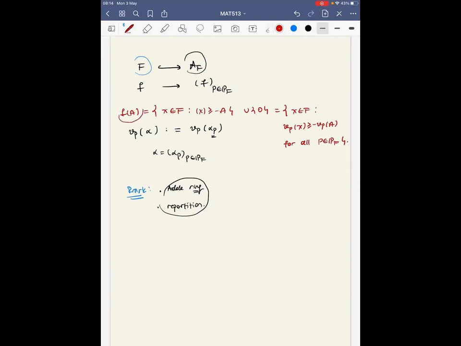And indeed, we can generalize this notion into the adele space with respect to a fixed divisor A, and that contains the adeles such that their valuations are bigger than or equal to Vp of A for all places in the function field F. So that means at each component, if we take the valuations of the functions, they are going to behave like the functions in the Riemann-Roch space.